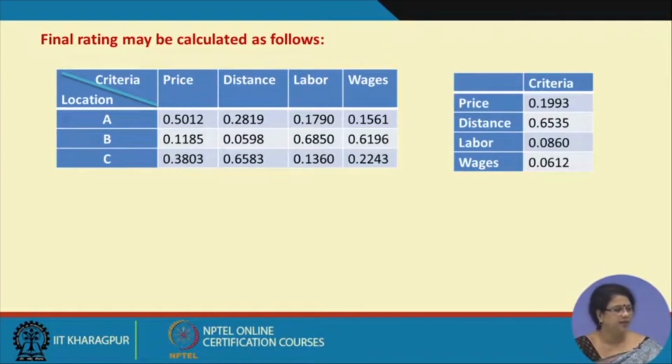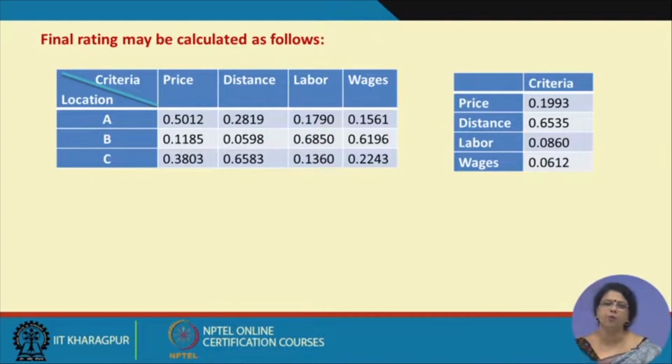Criteria on one side, on the other side location, with respect to location, individual. Now, this is the process, the analytical hierarchy process. You can practice it, you can do it for your day to day selection process.